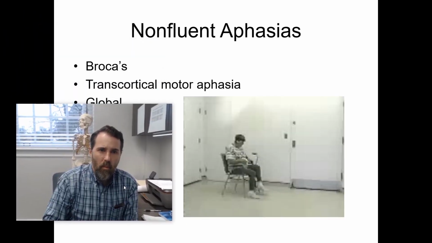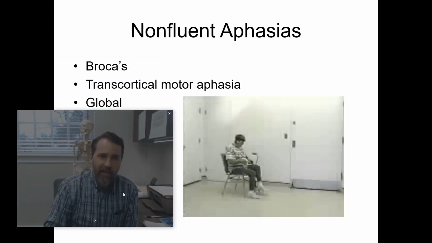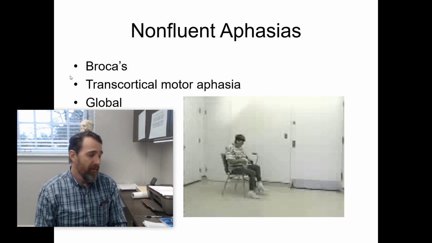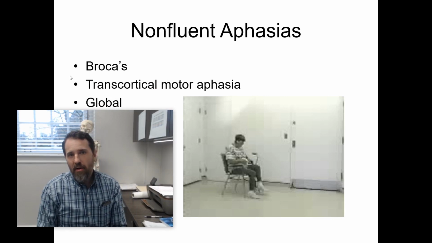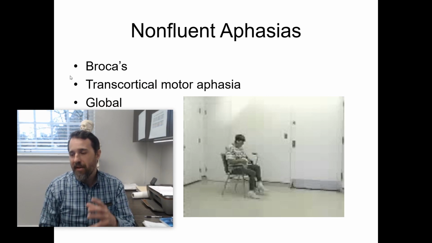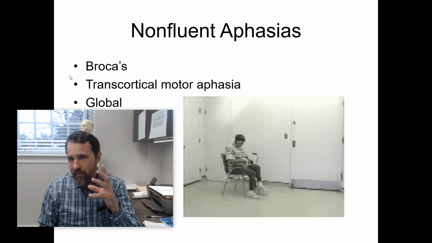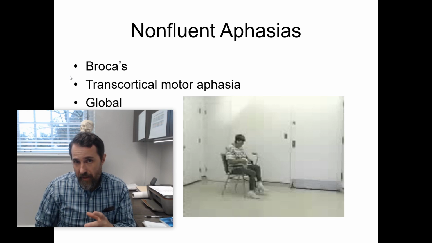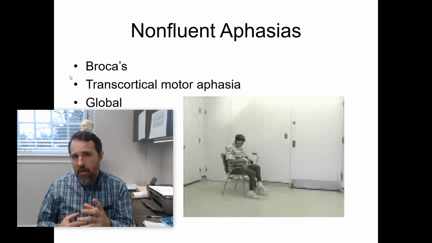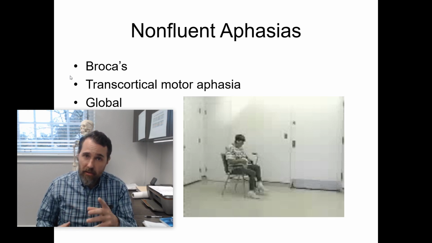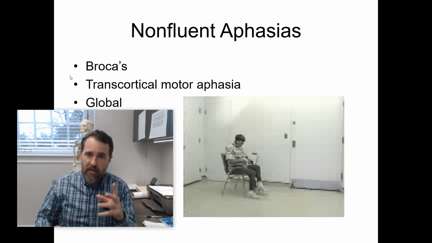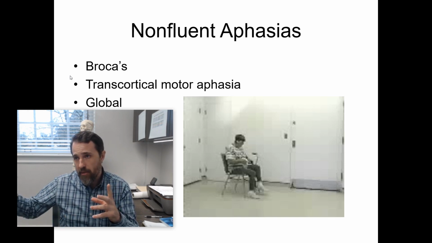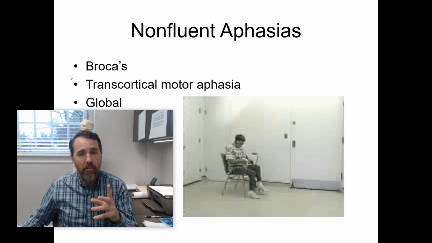All right, so one important aspect to recognize about the non-fluent aphasias is that they're all non-fluent because the left frontal lobe has been damaged to some degree. And that's where a lot of your motor areas are, especially motor structures and areas that are responsible for allowing you to control the contralateral side of your body.